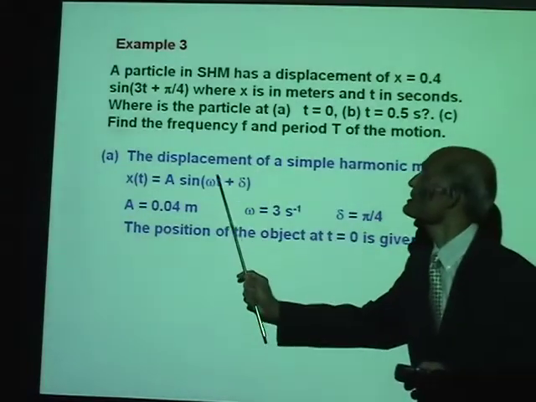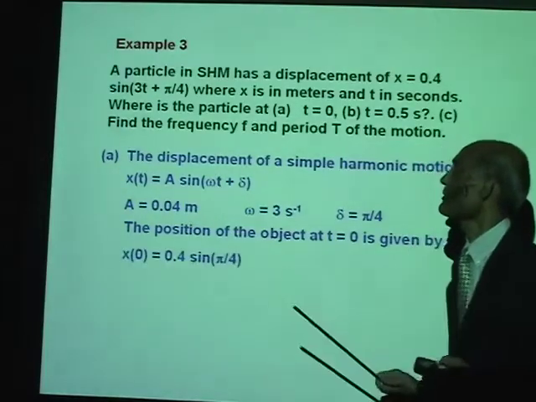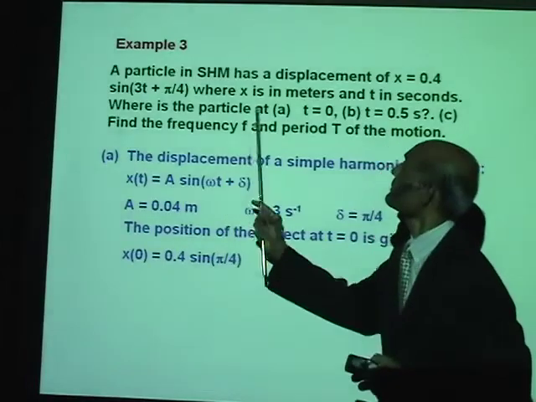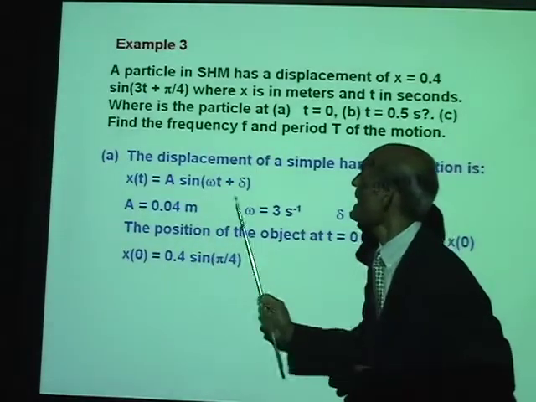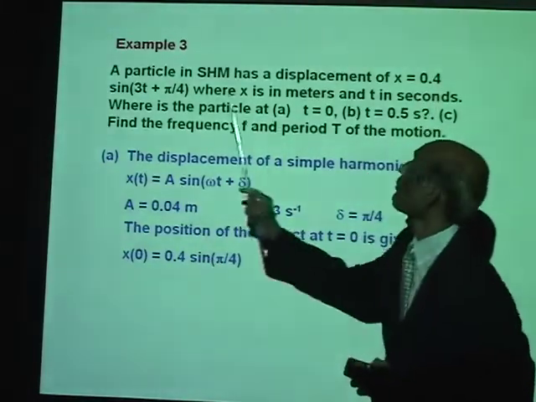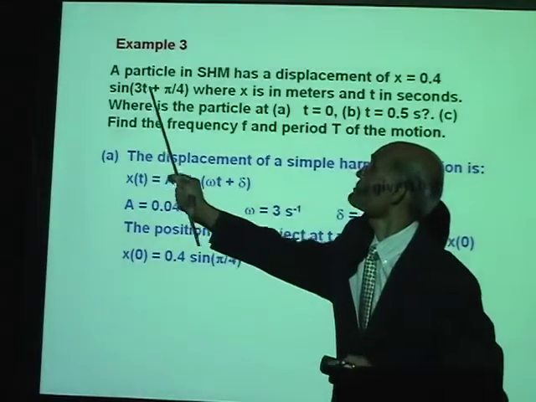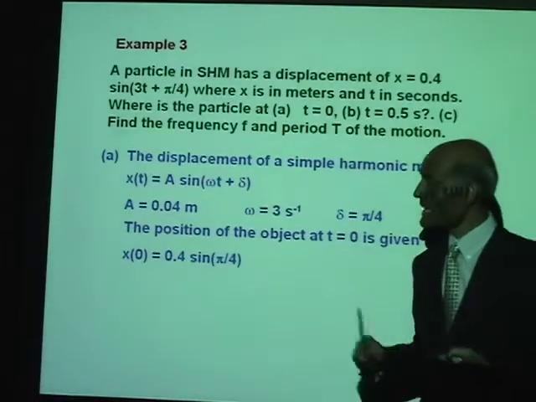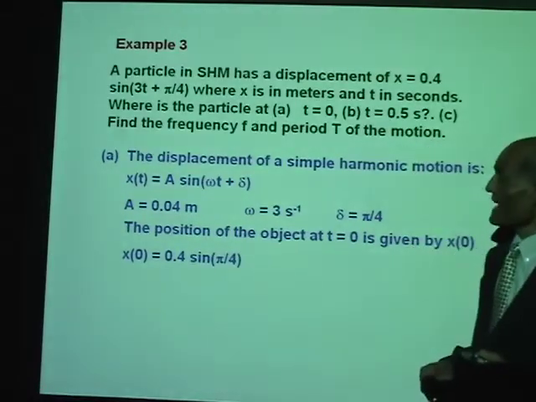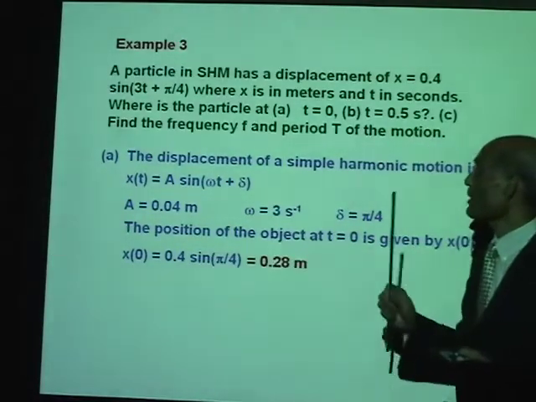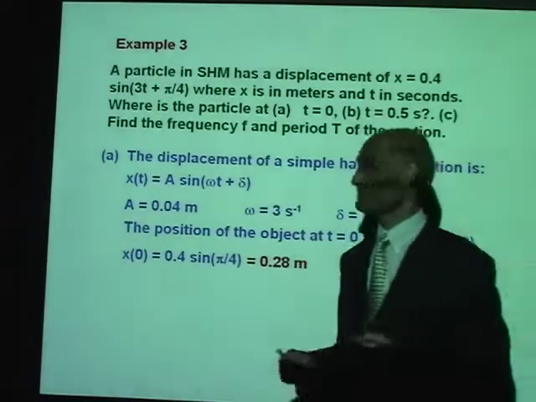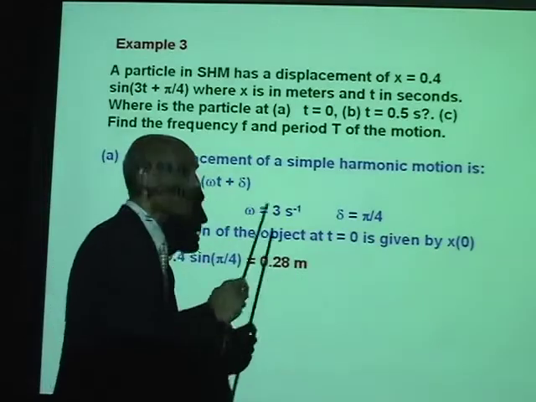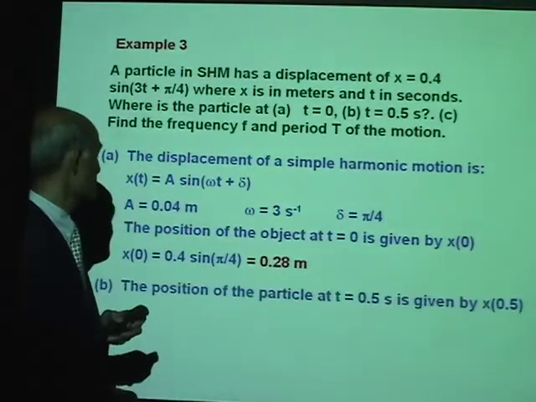All we need to do is put that t equal to 0. So that will give me, when t equal to 0, 0.4 sine, 3t becomes 0, so that will be sine of pi by 4. And put that in your calculator. 0.4 sine pi by 4 is 0.28 of a meter. So, at t equal to 0, the position of the object is 0.28 meter.